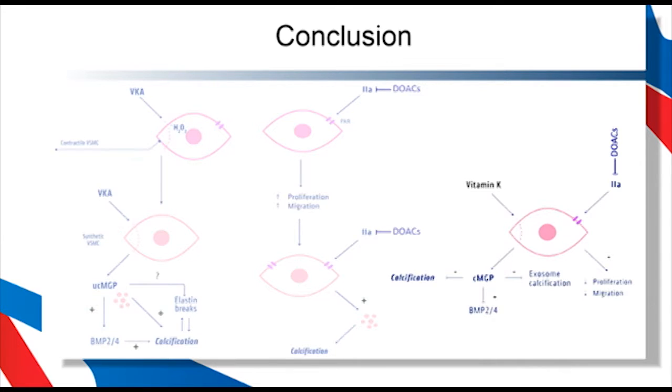But also we make the optimum status for the vitamin K status of the vasculature and thereby have more active MGP, and thereby we reduce osteochondrogenic differentiation, extracellular vesicle secretion, and in total we should reduce plaque calcification and have a more stable plaque.